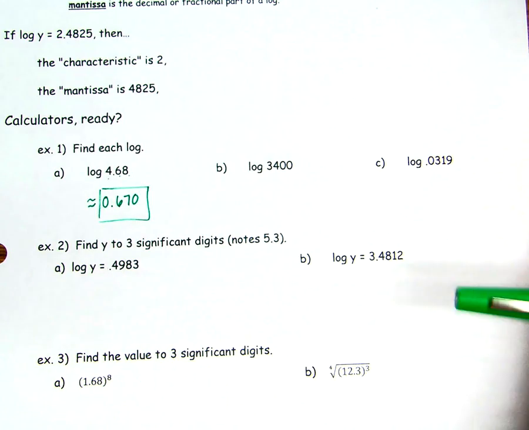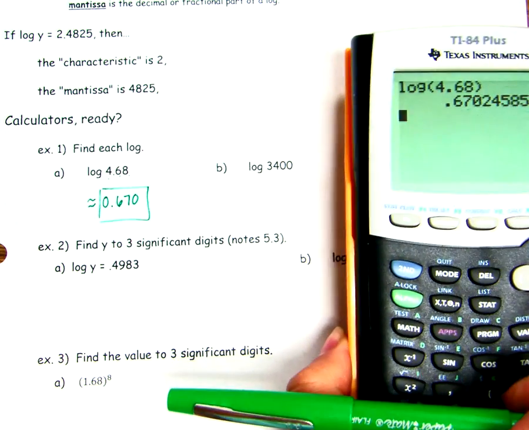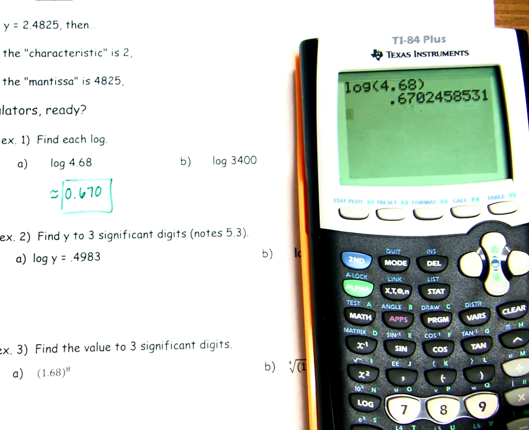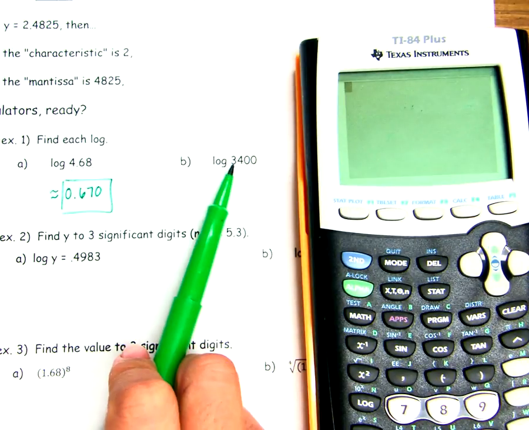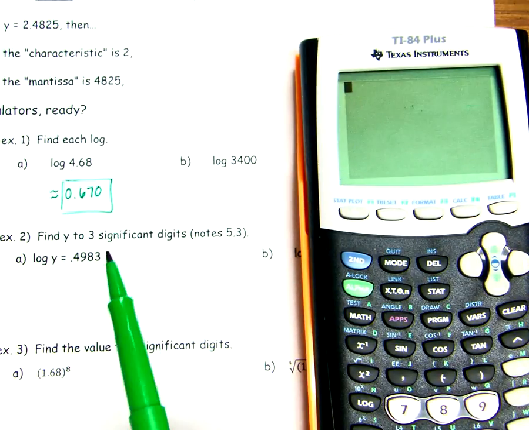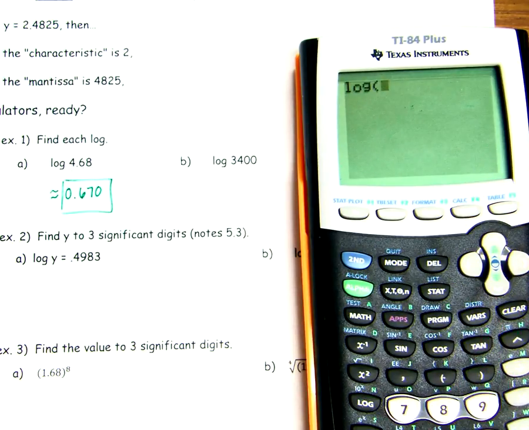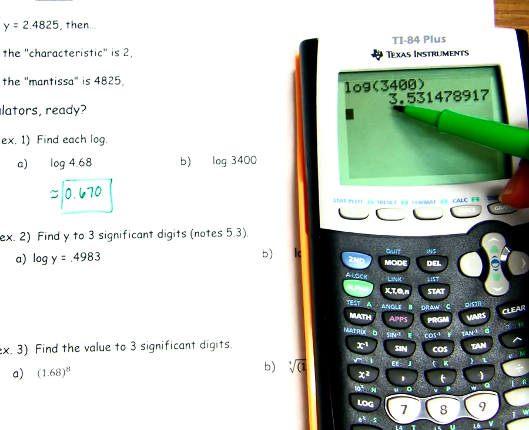Okay? The next one would be log of 3,400. Now remember, if you haven't gone through scientific notation, which is the previous set of notes, make sure you go over it because it talks about the significant figures. In this case, we're going to have 2 significant figures, so I'm going to round my answer to 2 significant digits. I'm going to once again go to log, and then 3,400, and if I want 2, that means I want the 3 and whatever this is going to be rounded.